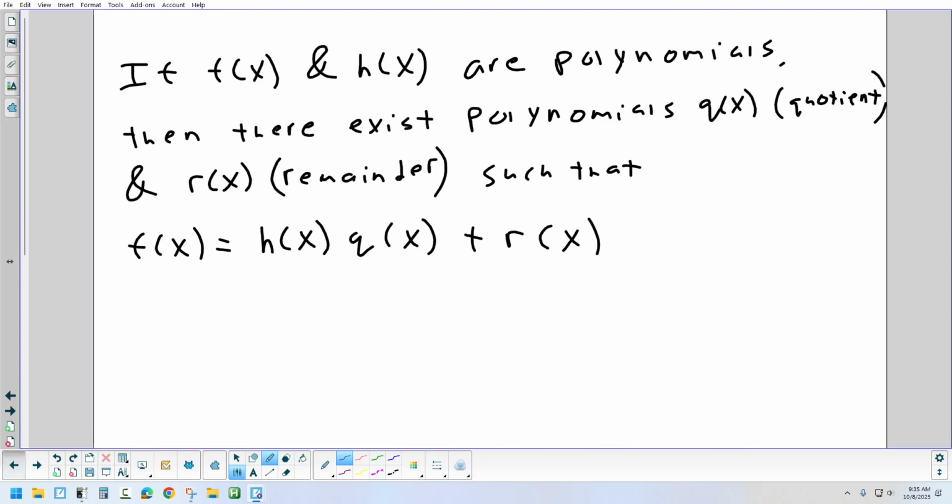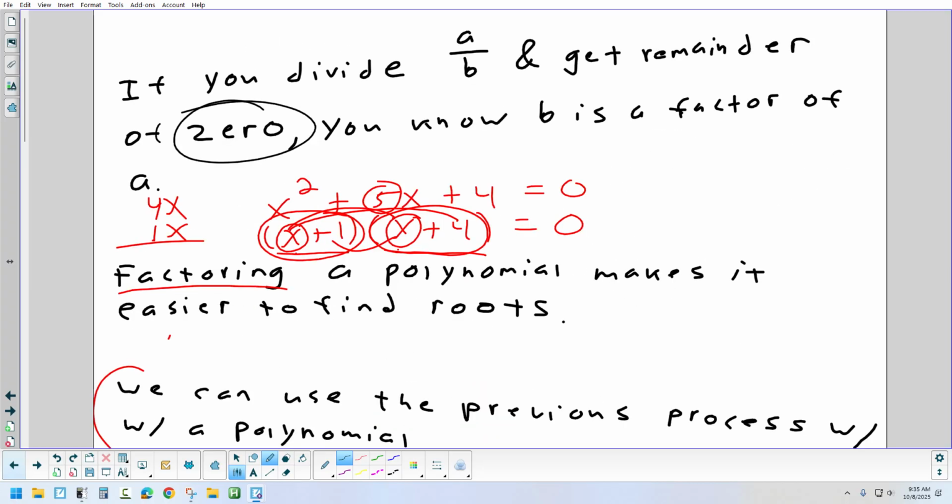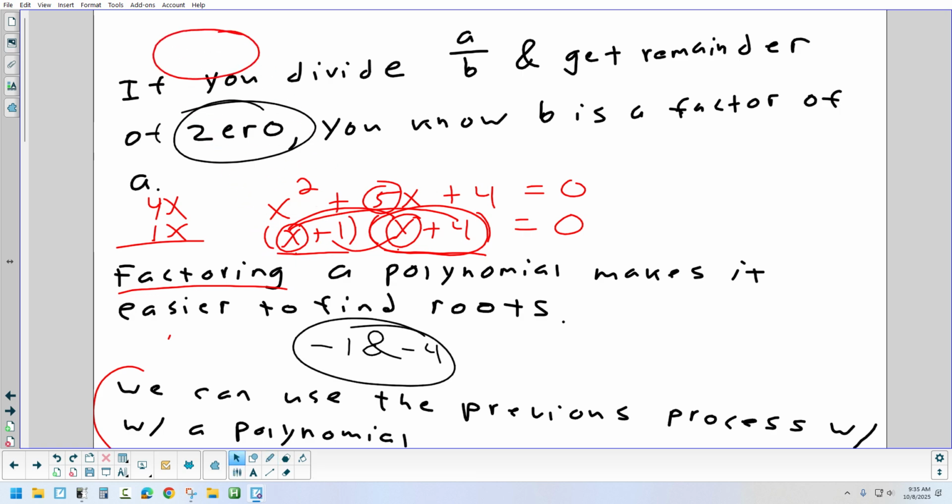So if I go back to the very first problem I gave you, I said the two roots were negative 1 and what was the other one? Negative 4. Those are the two roots. If I move this away, maybe it's easier to see. X plus 1, x plus 4.